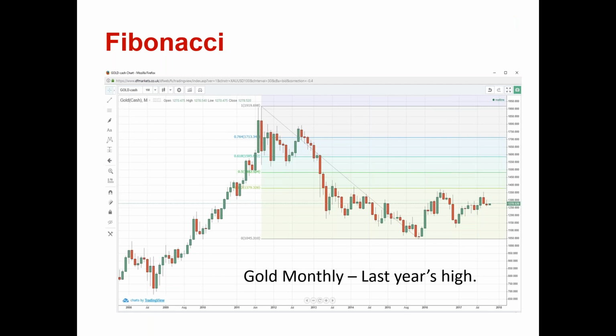And here is a chart for gold, and this is a monthly chart for gold, and shows us the move that was seen from 2011 when gold topped out at 1950, somewhere around there, all the way down to 1050 by the time we got to the beginning of 2016. And so there's the start of the move. There's the end of that move, if you like.